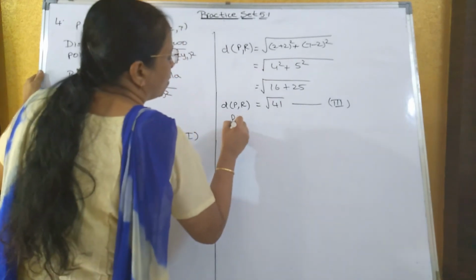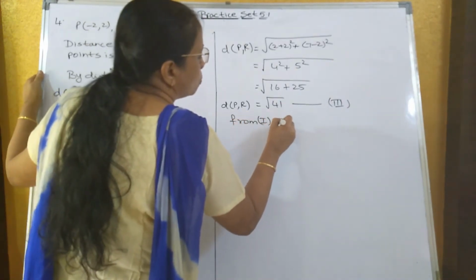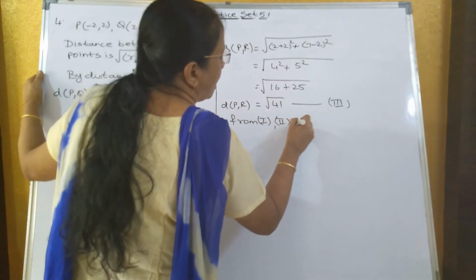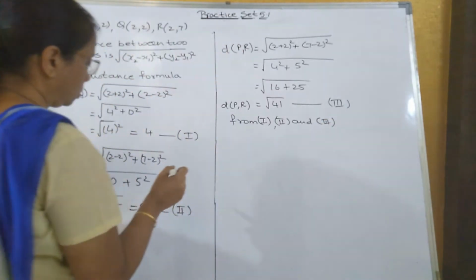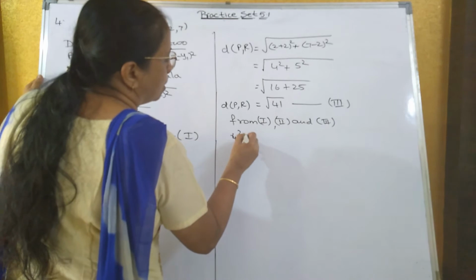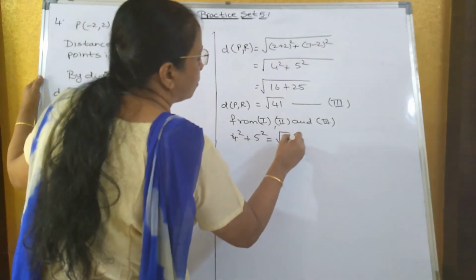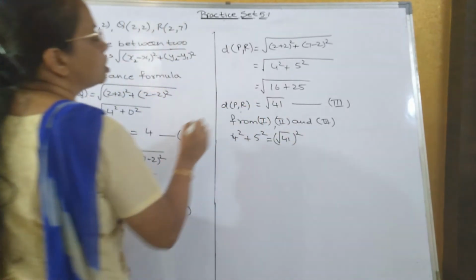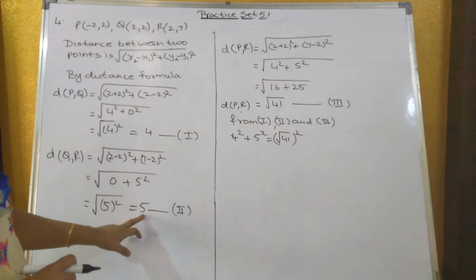So from 1, 2 and 3, what do we get? 4 square plus 5 square is equal to root 41 the whole square. Distance PR we have got root 41 and QR we have got 5 square, that is why it became 5.